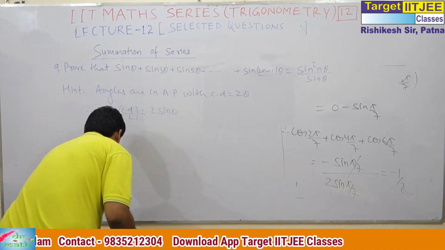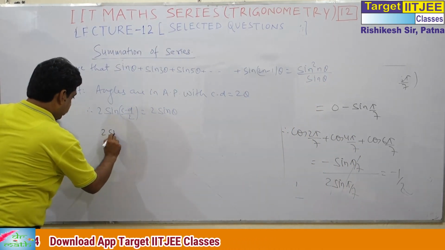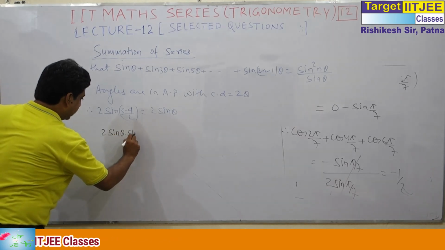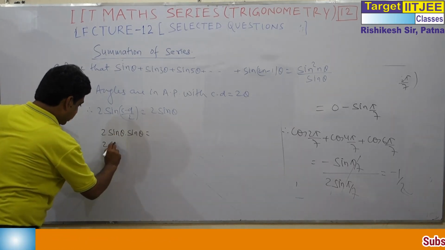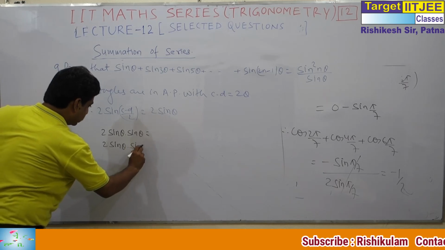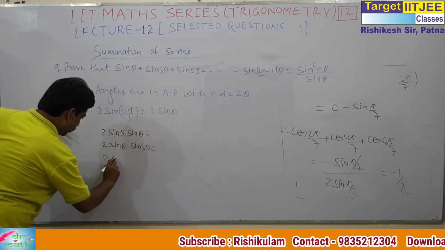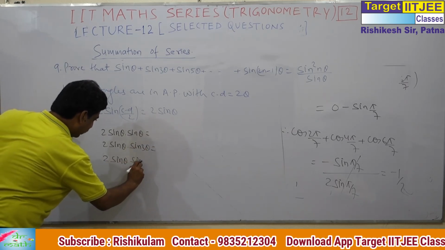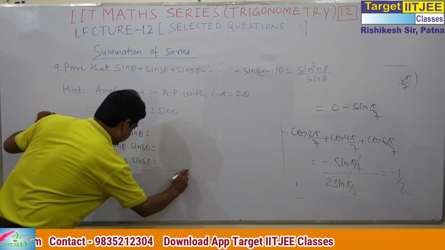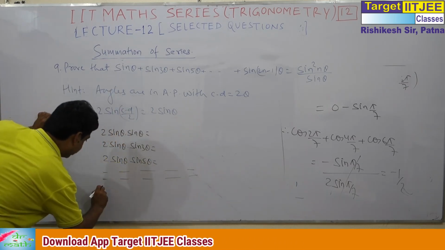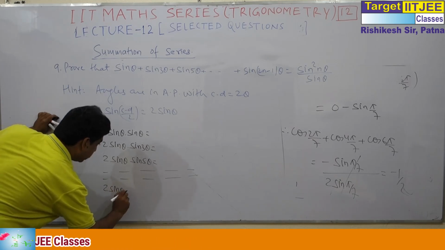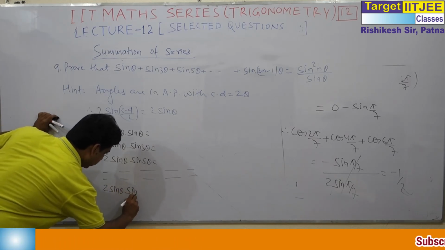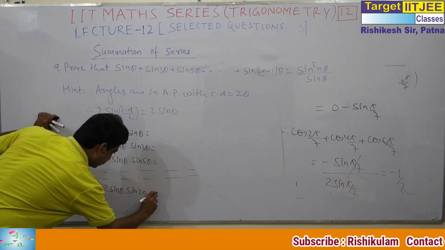Now do 2 sine theta into sine theta, 2 sine theta into sine 3 theta, 2 sine theta into sine 5 theta. Likewise, you get 2 sine theta into sine 2n minus 1 theta.